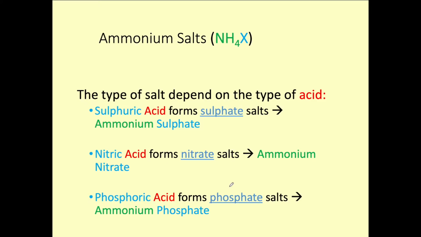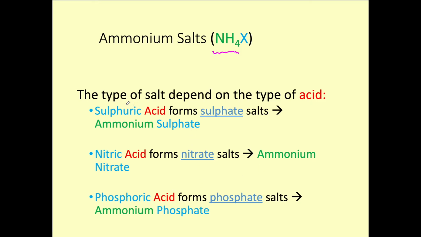So again, it's a bit of a recap, but looking at our ammonium salts. Here you can see that general form NH4X, and that X depends on the type of acid that we use. So the type of ammonium salts that we're going to come across is ammonium sulfate, ammonium nitrate, and ammonium phosphate.